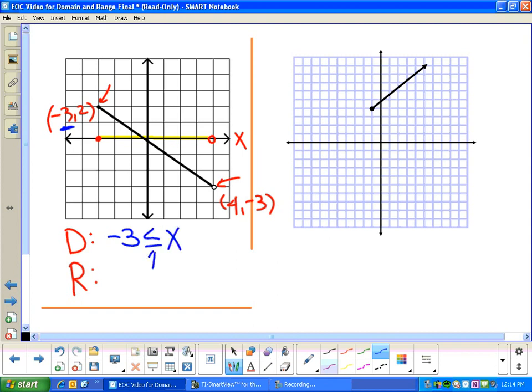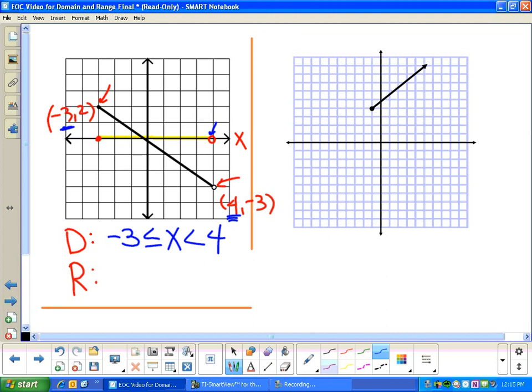Notice there's equality as part of this symbol because I'm including a point that's a closed circle. Then x is less than, not using equality because this is an open circle, my upper boundary of x values, which is 4.